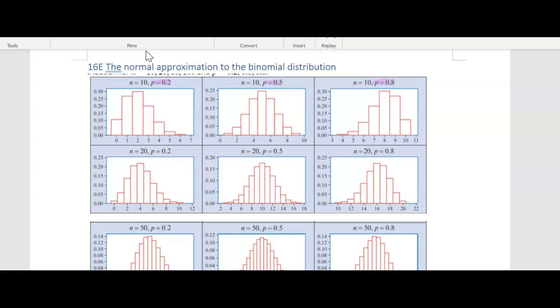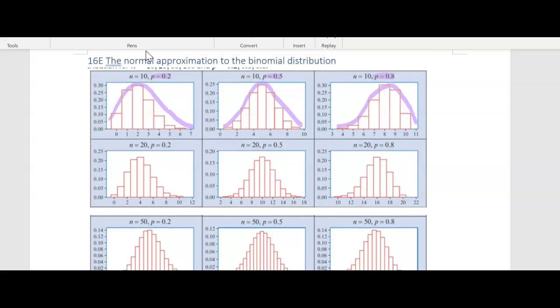So it's increasing as we go across the page. At 0.5, you can see it's pretty much symmetrical, whereas 0.2 is positively skewed and 0.8 is negatively skewed.